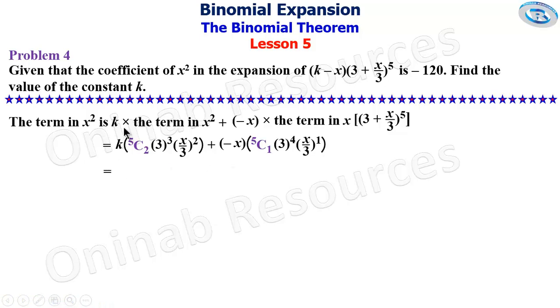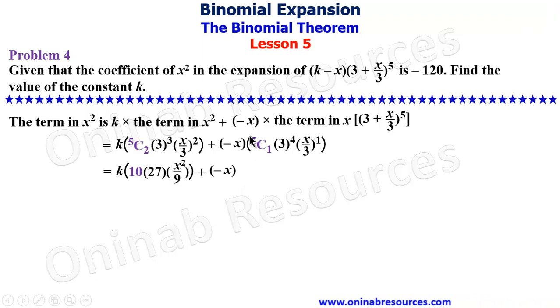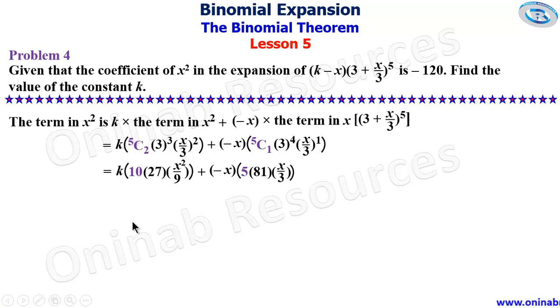So simplifying this now, we have k into 5 combination 2 gives 10, 3 raised to power 3 gives 27, x squared over 9, then plus negative x into 5 combination 1 gives 5, 3 raised to power 4 gives 81, then into x over 3.